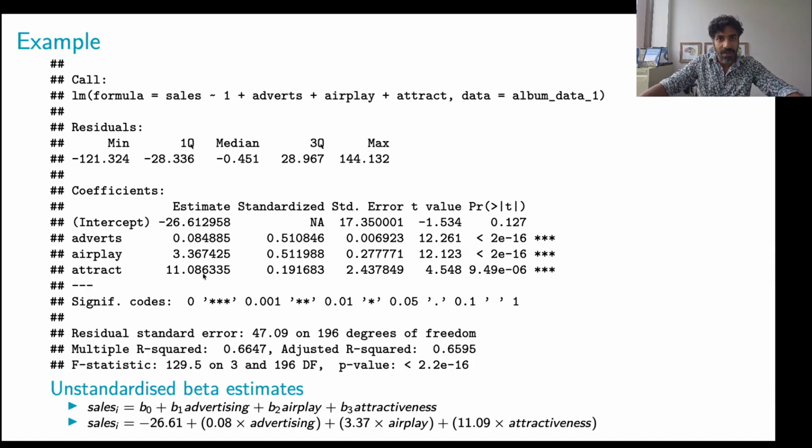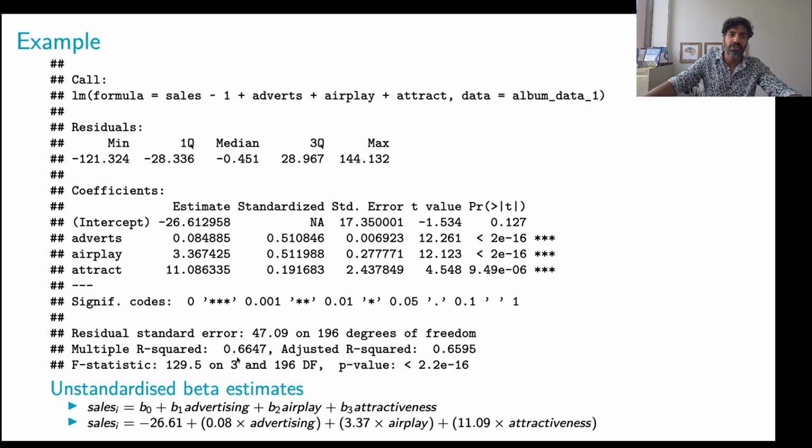Now, something I want you to keep in mind is what I said before: the estimate divided by the standard error gives you the t value. The t value is actually in some ways standardized. So if you look at these values, you can already see that it's 12 and 12 and then 4. These match onto the relative weights here, 0.5, 0.5, and 0.19. And so you can also look at the t-values to get a sense of the weight of the different predictors.